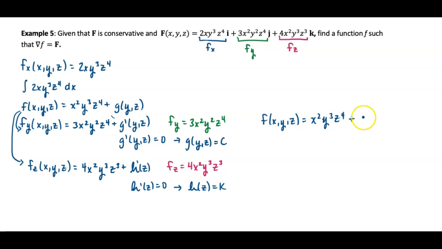So this is going to look like a plus that constant plus that other constant. And so one potential function is just going to be the situation in which both of these constants are 0. So I can say that f of x, y, and z is equal to just x squared y cubed z to the fourth power.